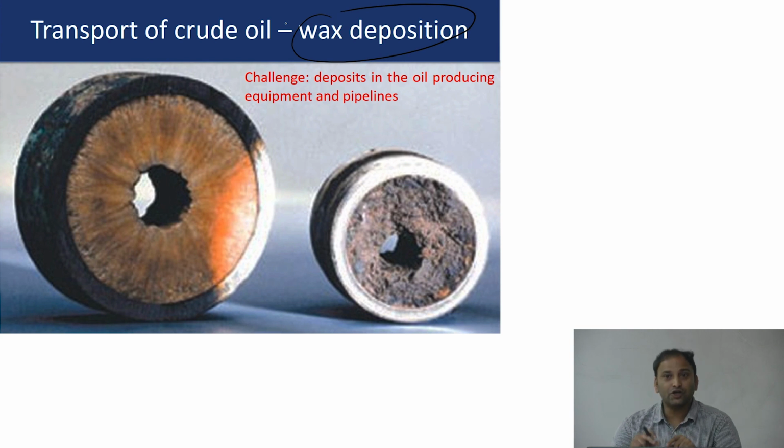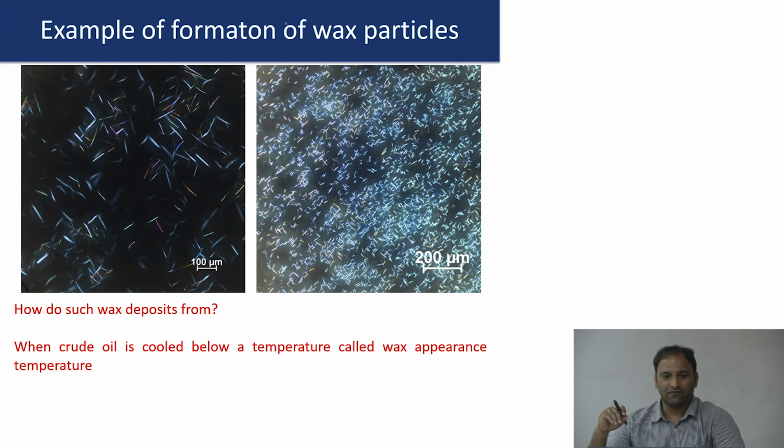Now because you have molecules of different molecular weight, long chain molecules, in the crude oil, when you cool such a fluid, there's going to be some sort of crystallization. So what you are actually looking at is images obtained by taking an oil in which some wax is dissolved, and then you heat this whole fluid to a high temperature, maybe say 80 degrees centigrade.